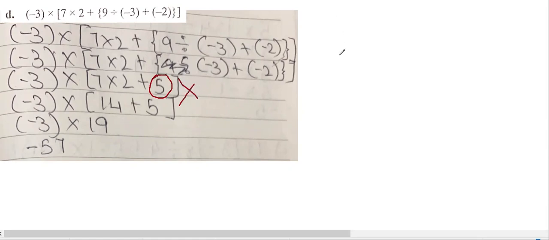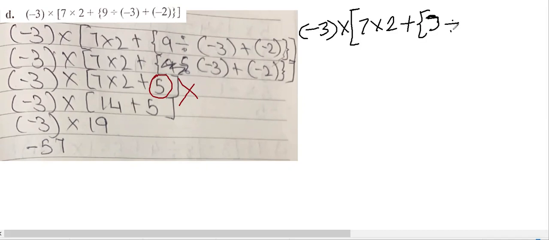Okay, let me explain to you how to solve this. Okay, I am solving this for you. Minus 3 multiply by bracket 7 into 2 plus curly brace 9 divided by minus 3 and then plus minus 2, curly brace and then square bracket.